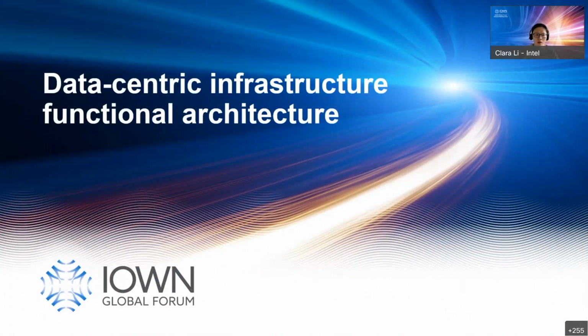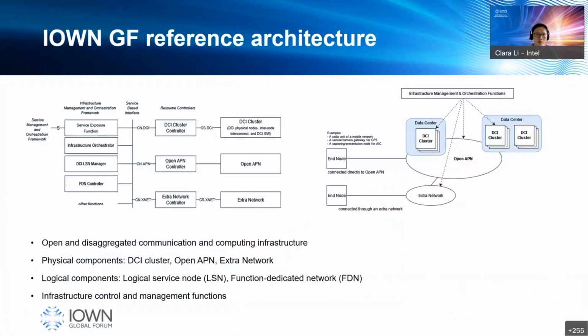Okay, so from the overall system architecture perspective, the IOWN Global Forum system aims at developing open and disaggregated computing and communication infrastructure with high flexibility, scalability, configurability, and efficiency.